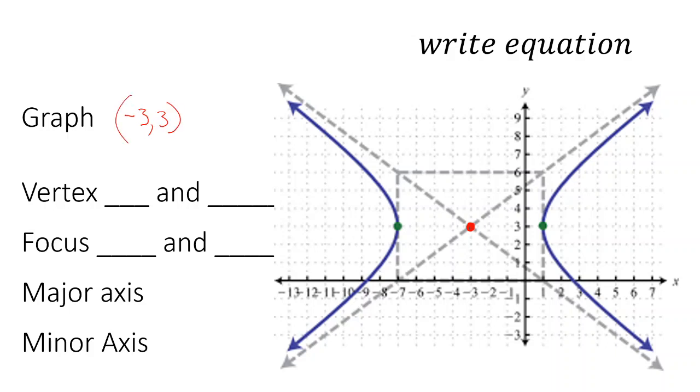So now I have the box, which is going to allow me to find A and B. And so if I look at the box here, I can count over, get out my laser pointer. It opens in the X direction. I'm going to go back here and I'm going to say, I know that's going to be X and then Y, and it's going to equal 1, right? Because of the way that it opens.